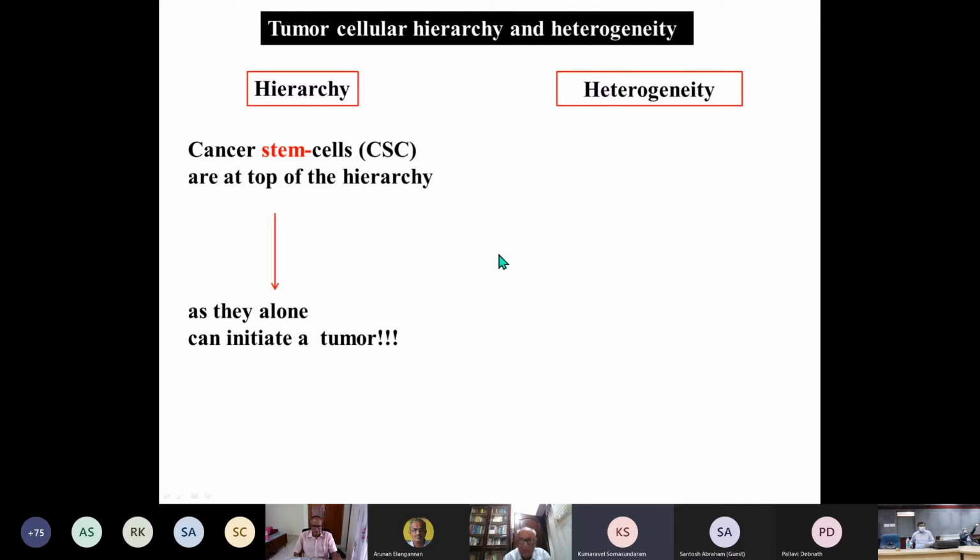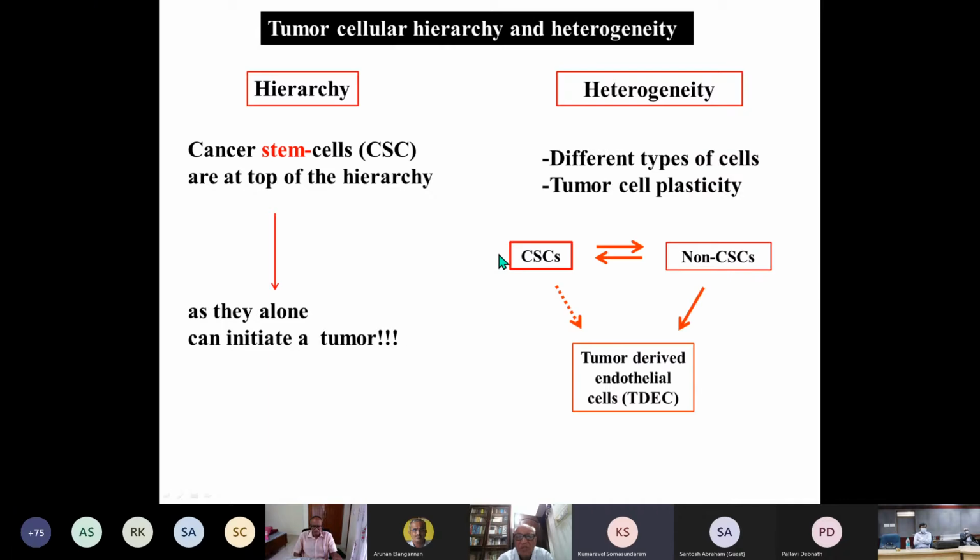Number two, heterogeneity, cellular heterogeneity. As I said in the previous slide, there are reasons why there is cellular heterogeneity. One is, to begin with, there are different types of cells. So heterogeneity exists in terms of different types of cells. Second, there is a new phenomenon which people have identified called tumor cell plasticity. That is, one type of cell can become another type of cell.